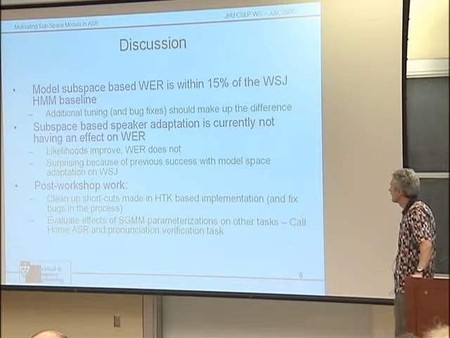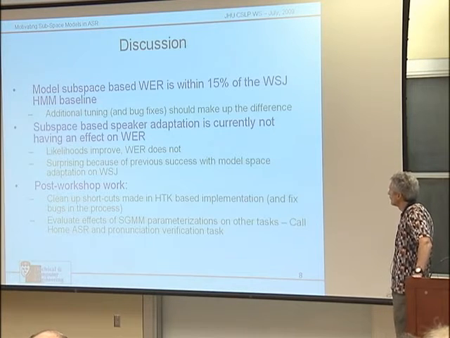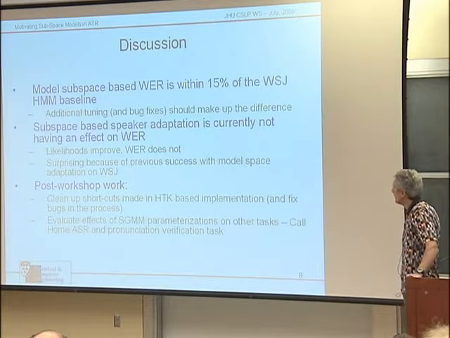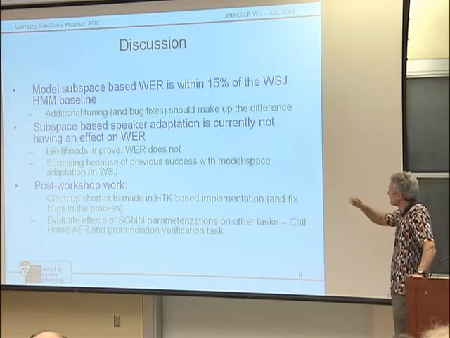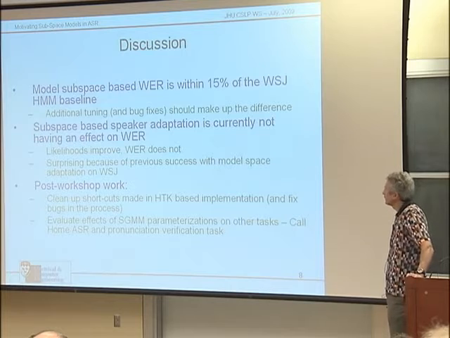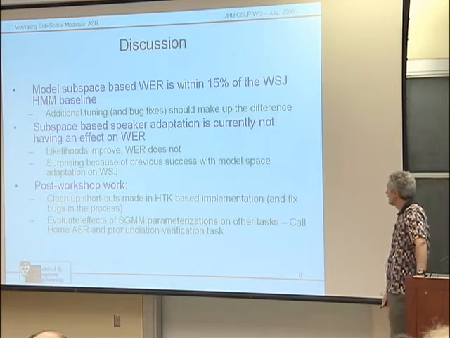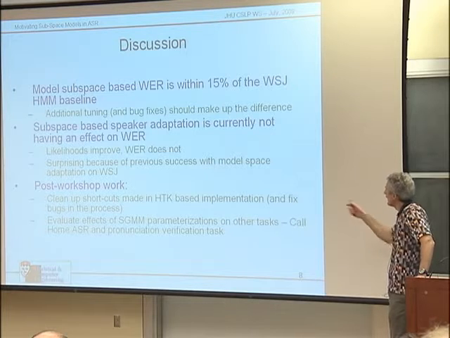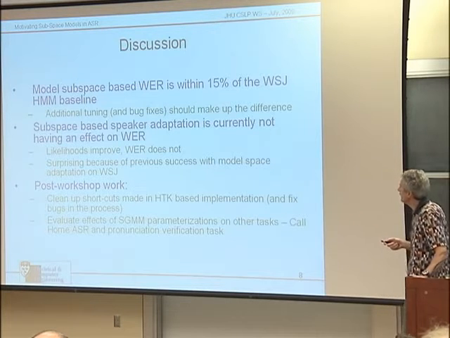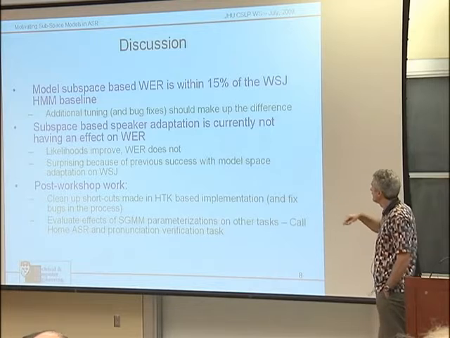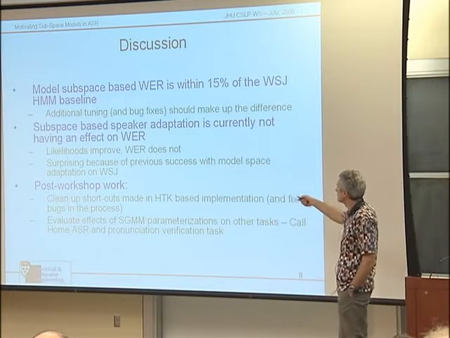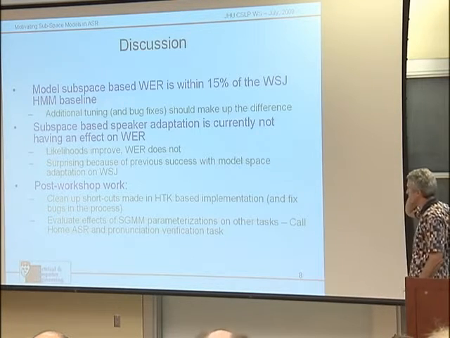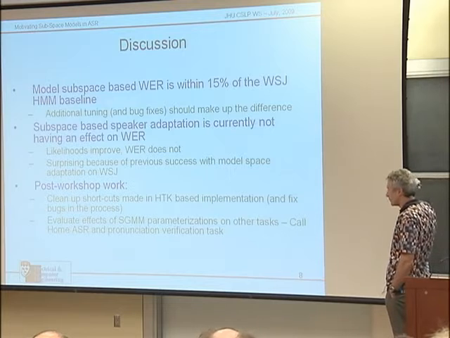I think we got something like 0.2% absolute improvement, and that's really not statistically significant. And we don't know why. Likelihoods improve in training, and word error rate does not. We've had some success with this on the same corpus. This should say speaker space adaptation, and so that was a surprise. But we think it's a bug.